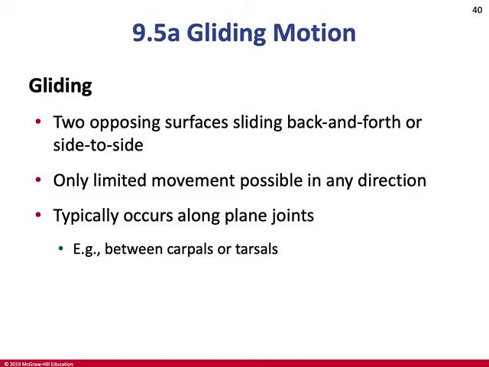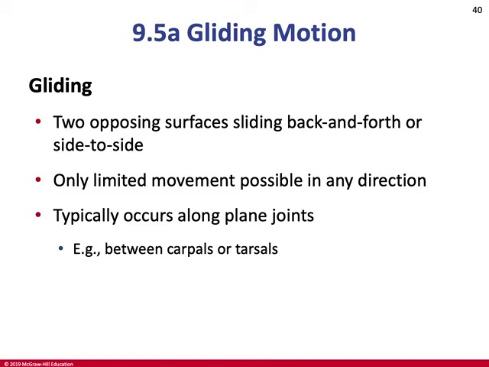As your vertebral column moves, the underside of the spinous processes glide against the surface of the vertebrae beneath it, and that permits movement in the gliding direction.